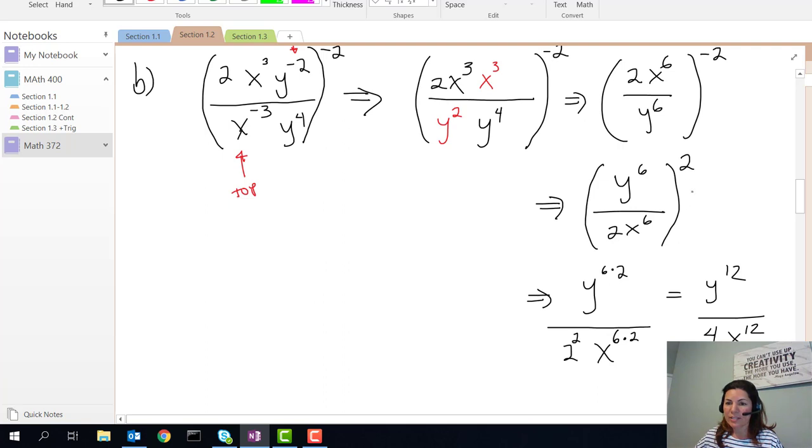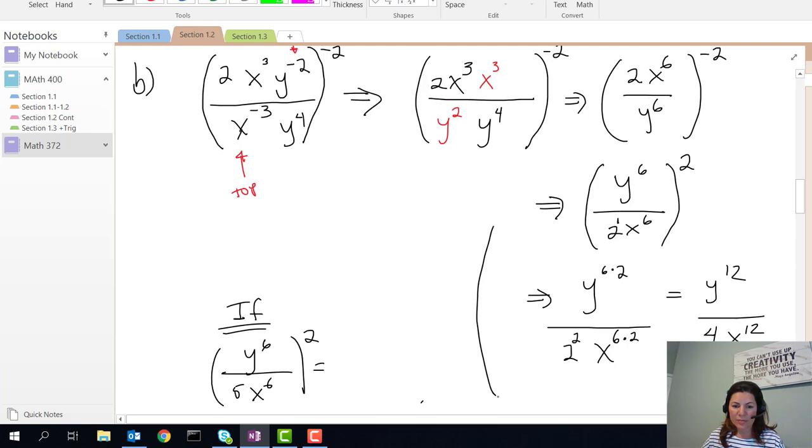Now here, notice that when I distribute the exponent, and I got 2 squared, it's really because the 2 has a 1 there. So had this been, say, y to the 6 over, say, 5 x to the 6 squared, right? This is a big if. This is separate from that problem we just did.